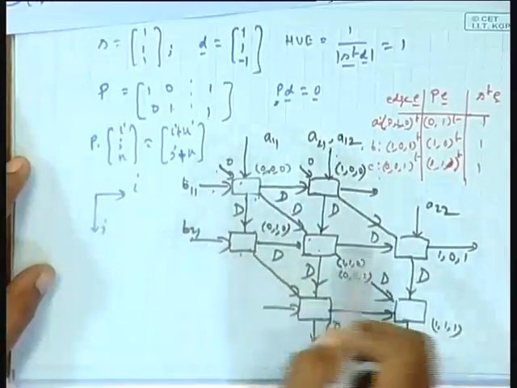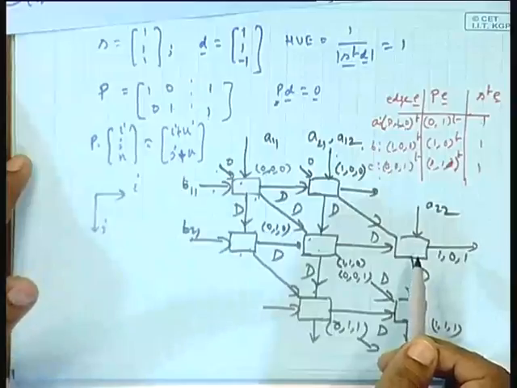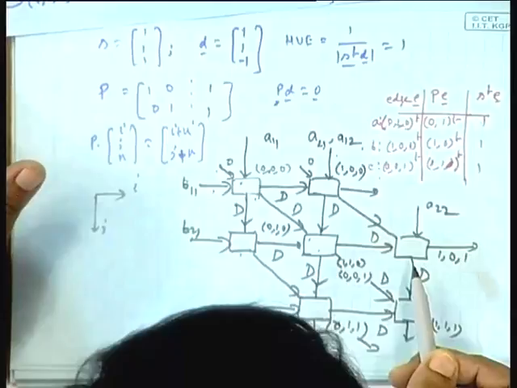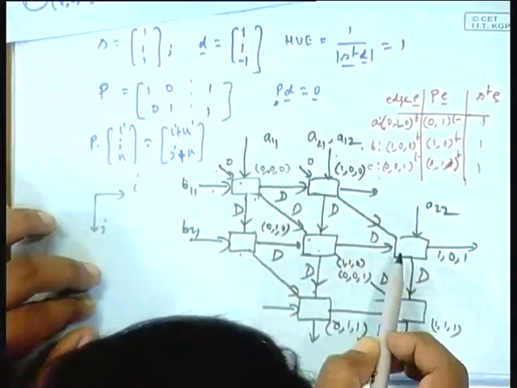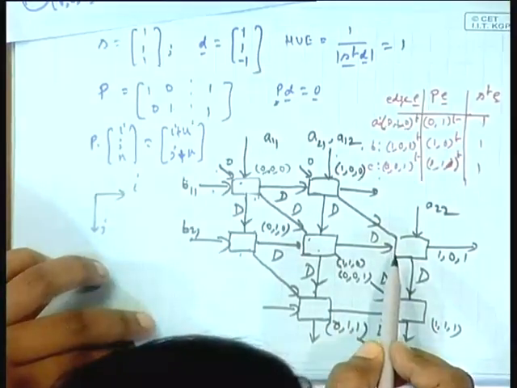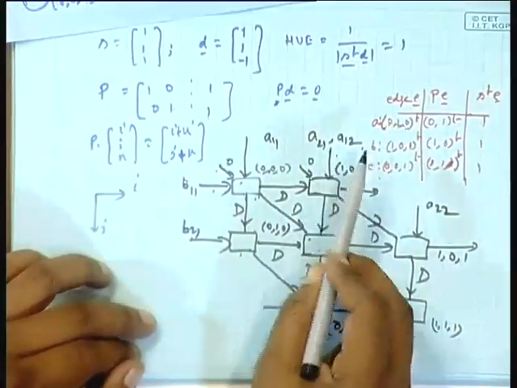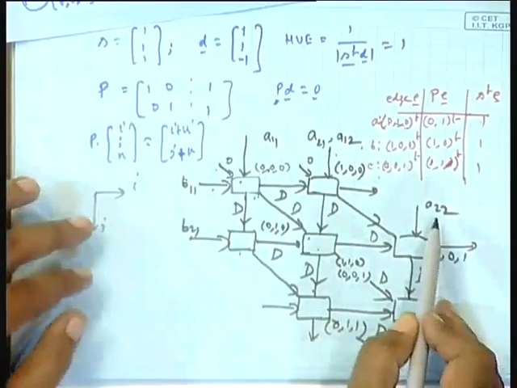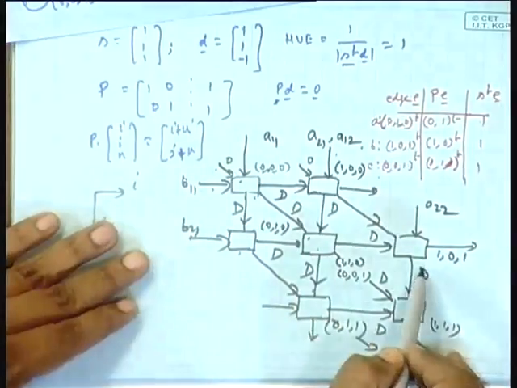So A22 into B21 is the result, just a minute. Yeah, A21 into B11 and then A22, second row of A matrix, A22 into B21, that result comes out here.